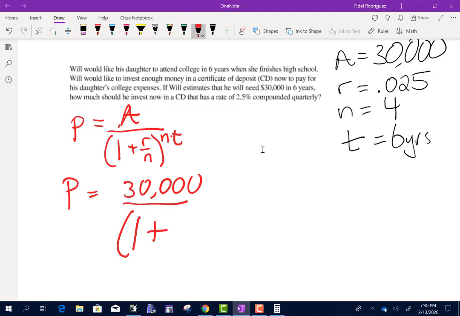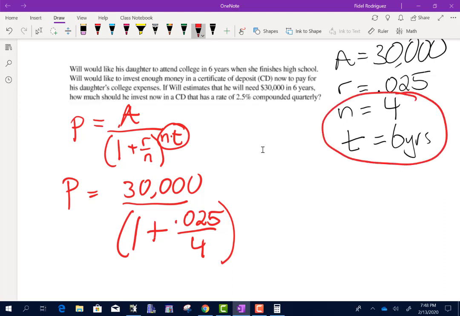Divided by 1 plus R. R is 0.025. Divided by N, which is 4, raised to the power N times T. So remember, we're going to multiply those two numbers together. 4 times 6 is going to give me 24, right?